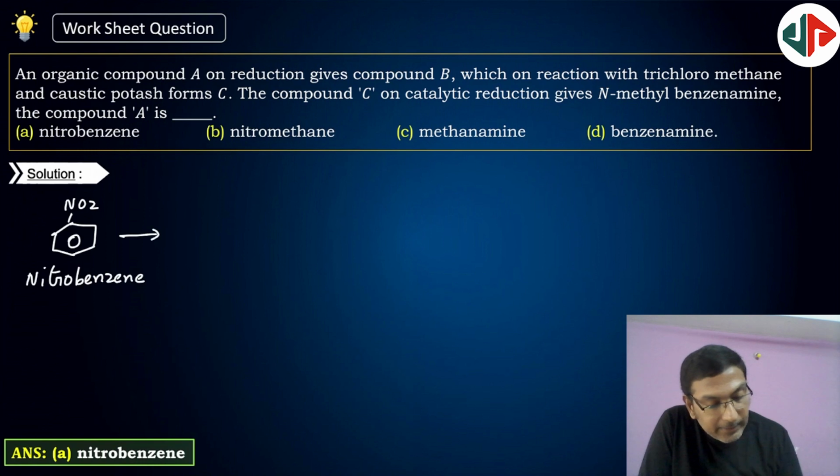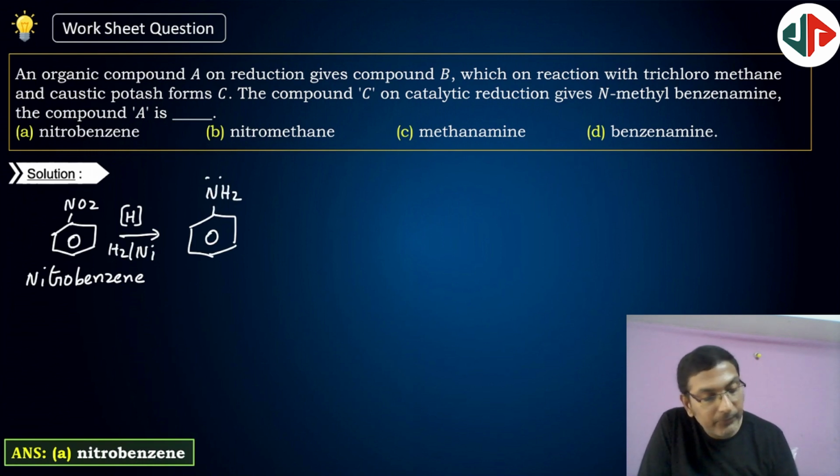On reduction, say H2/Ni catalytic reduction, first it gives NH2, aniline. On reduction A gives B, which is aniline.